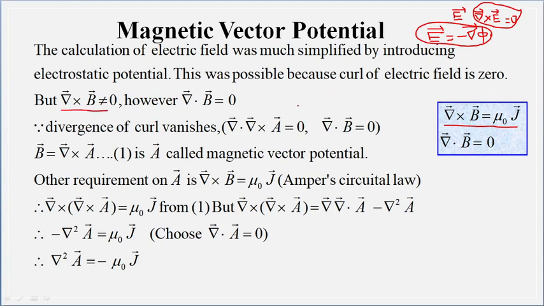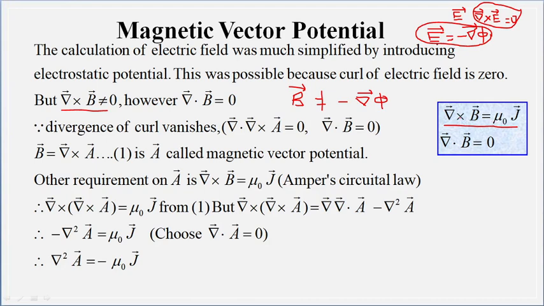We cannot write vector B equal to minus grad of phi. We cannot write it because curl of B is not equal to 0. If the curl of B was 0, then we would be able to write vector B equal to minus grad of phi. Okay, so curl of B is not 0. It is some finite quantity.